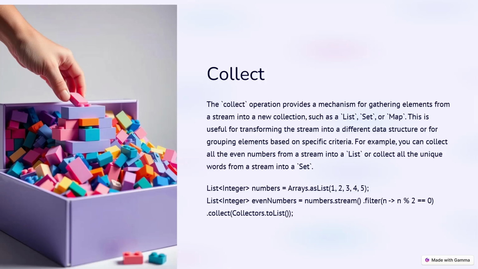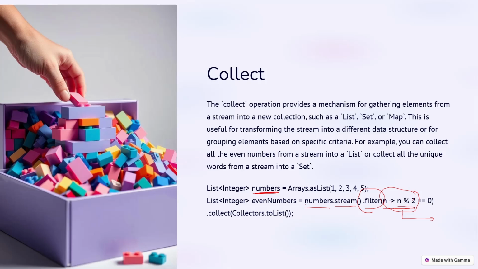So let's say here we have a list called numbers, numbers dot stream, and then we are doing the filter. What will filter do? Based on this condition, it will check the elements in the stream, and those that satisfy the condition are passed into the next method. So what is the condition here?